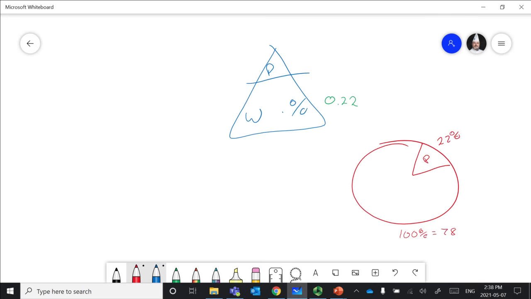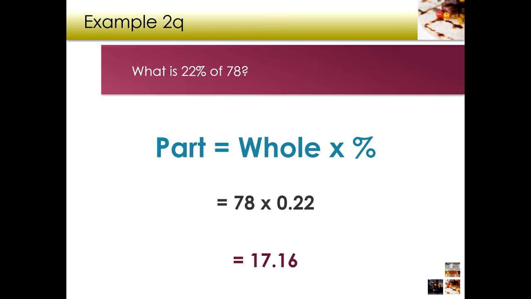So the 78 has to be the whole in this case. So 78 times 0.22 is going to give us our part, of 17.16, or rounded to 17.2, depending how many decimal places we want to go with in this example.